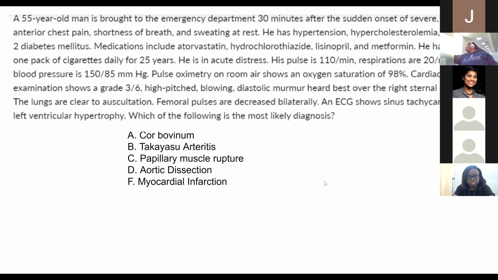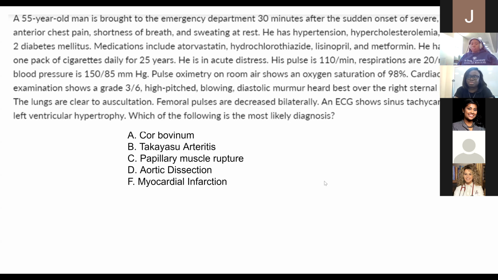If we talk about cor bovinum, what is cor bovinum? Can anyone tell me what it is? Because I know we didn't talk about it yet. Or did we? I don't remember talking about it. Is that the pulmonary heart issue? Can't remember the name. Okay, right heart failure, right ventricle, perfect.